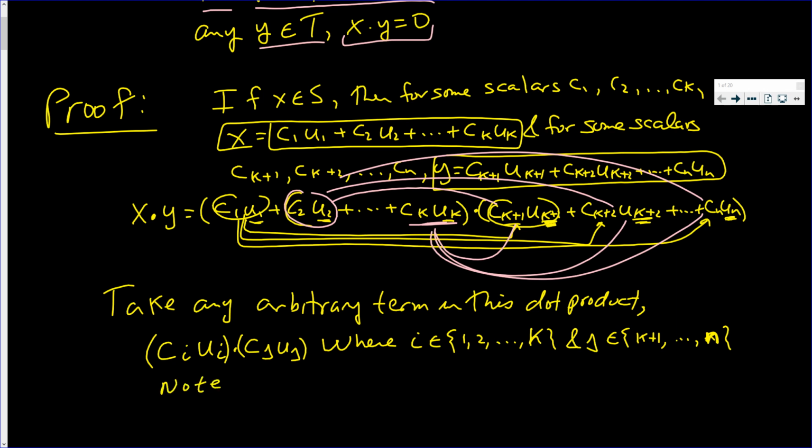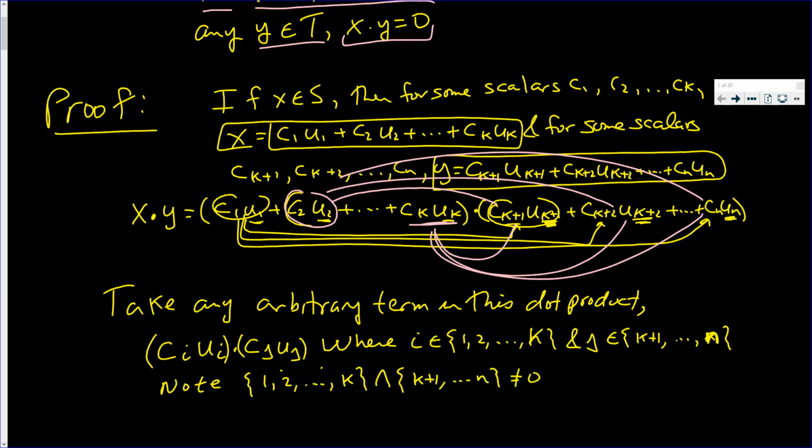Notice that the two sets that the i's and j's are coming from are disjoint.